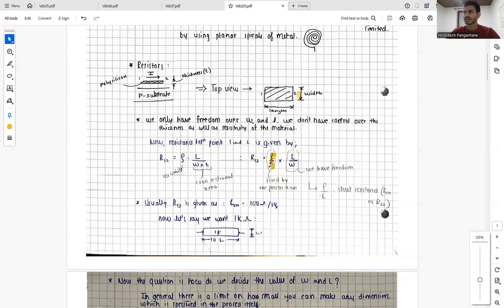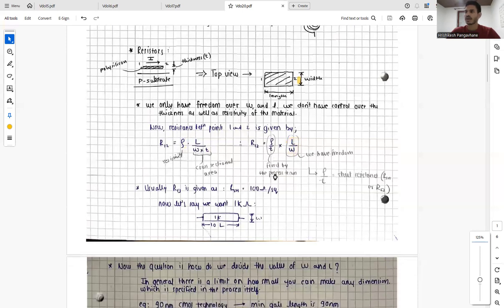Sheet resistance is rho by T, resistivity by thickness, and it is denoted by R_SH, or R sheet, R square. Then the resistance becomes sheet resistance multiplied by length divided by width. Usually sheet resistance is given as R_SH, which is, let's say for an example, 100 ohms per square.